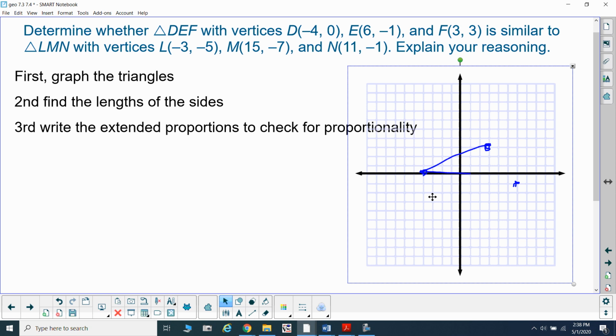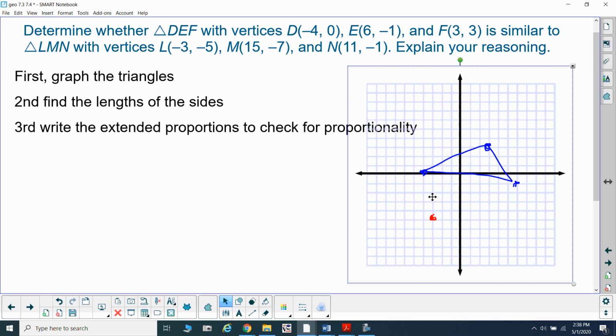So this triangle. And then we have the one that starts with negative 3, negative 5, which is there. Secondly, 15.